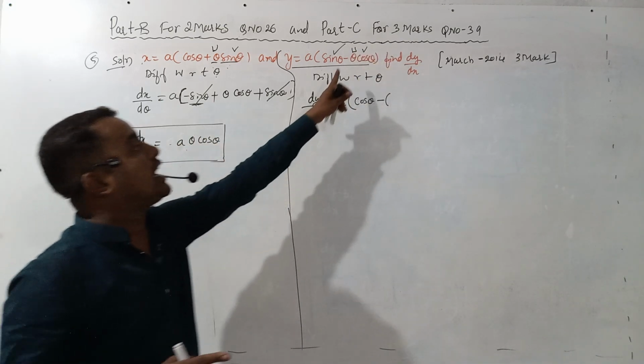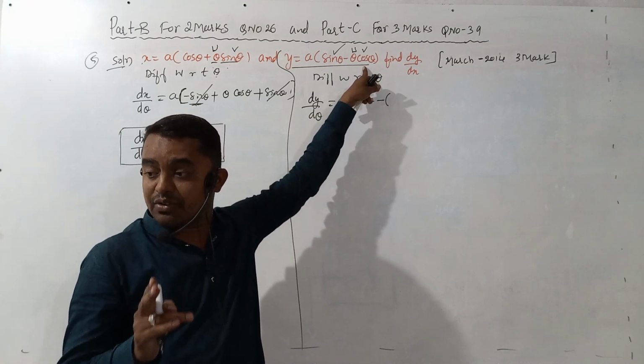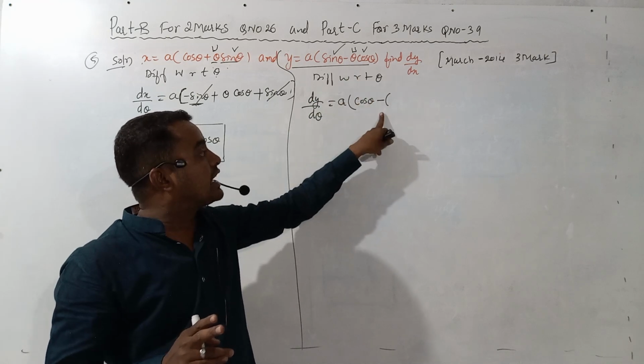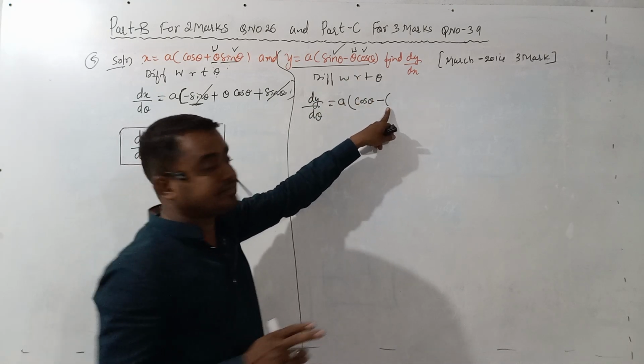For theta into cos theta we have to apply the product rule. Here an outside minus is there, for that reason I have put the bracket.